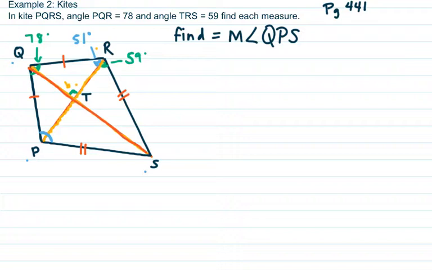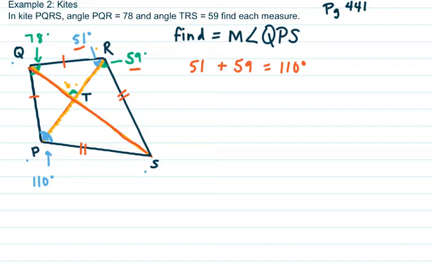So I have 51 plus 59 on the opposite side. So I can say 51 plus 59, and that equals 110. So this is 110.